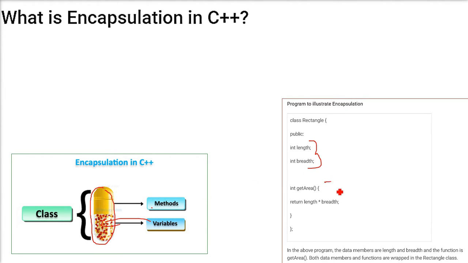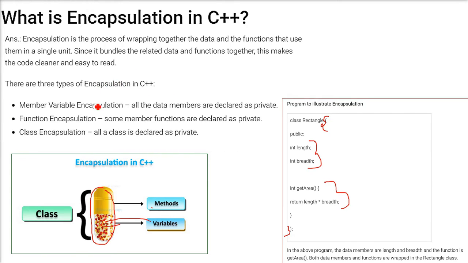This is a function. There can be multiple functions. There can be multiple data values or variables. So braces are actually the capsule. So encapsulation is the process of wrapping together the data and the function that use them in a single unit. Since it bundles, it encapsulates the related data and function together. This makes the code cleaner and easy to understand.